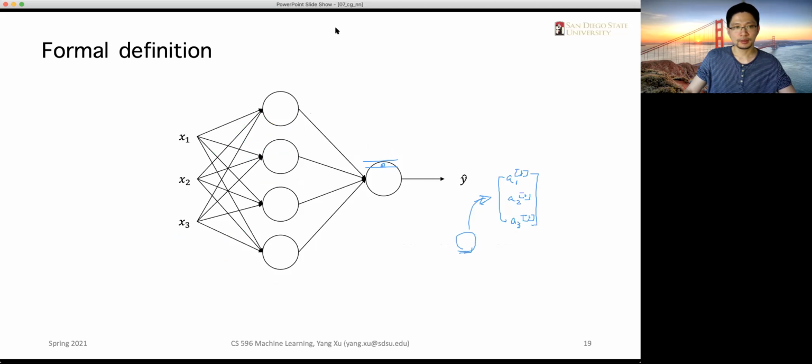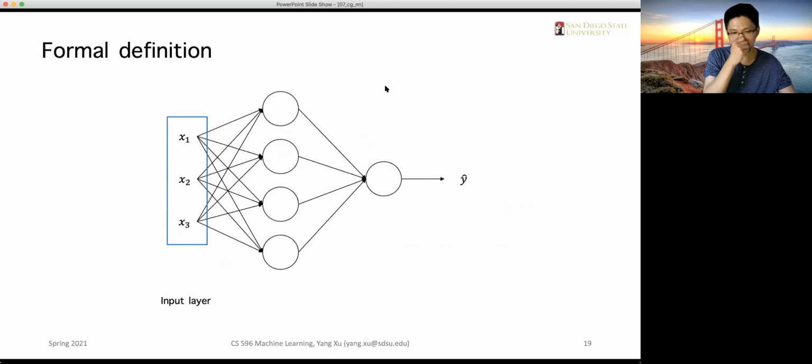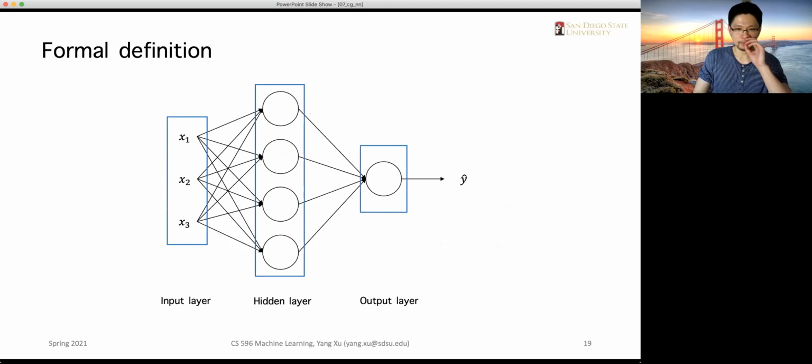All right. So a more formal definition, right? We can call the data the input layer. And if there's a layer in the middle, we call it the hidden layer, okay? And if that's the output, which we directly use to make predictions, we call it the output layer.